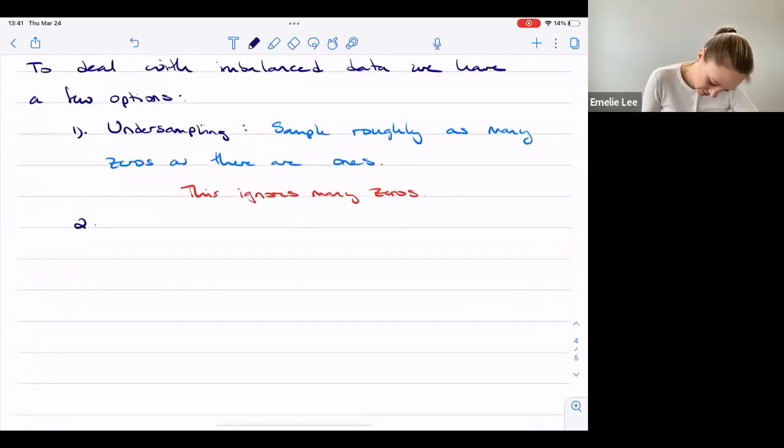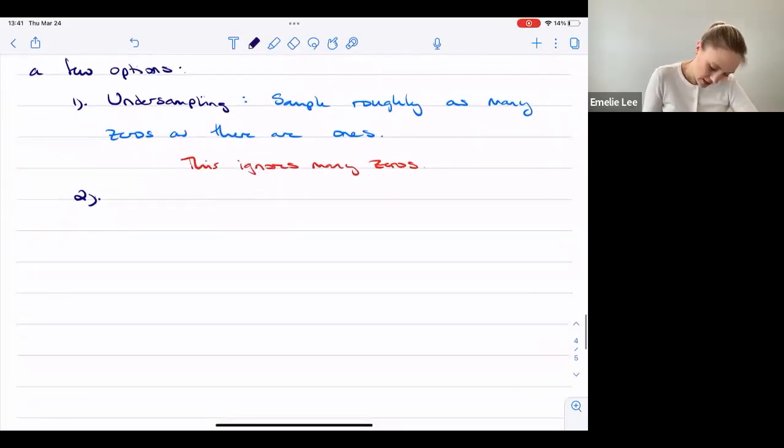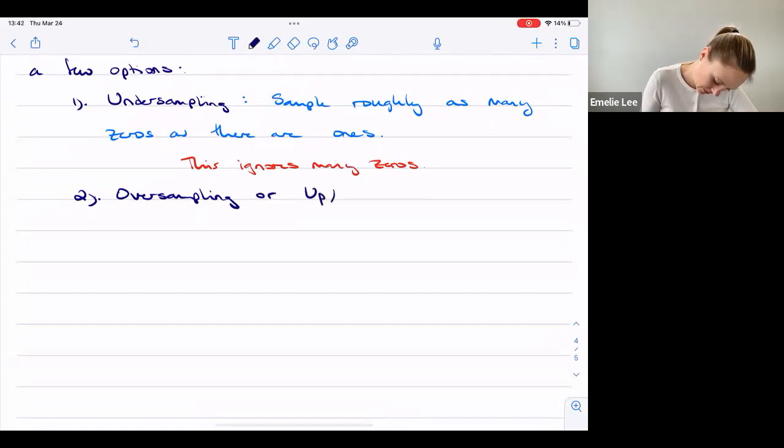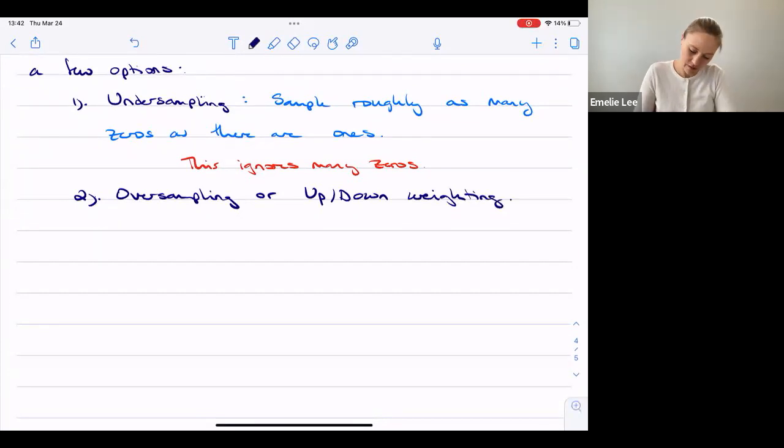Another option, or kind of two options, is oversampling or up-down weighting. Kind of the same. Okay.